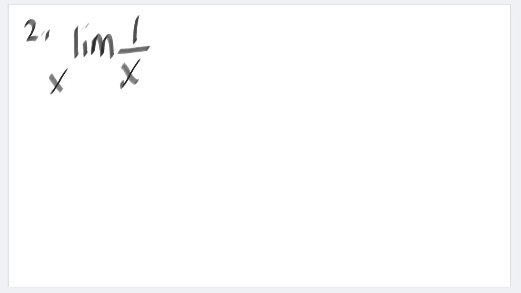Okay, so number 2, limit of 1 over x as x approaches 0. By algebra, 1 over x is equal to an undefined value.